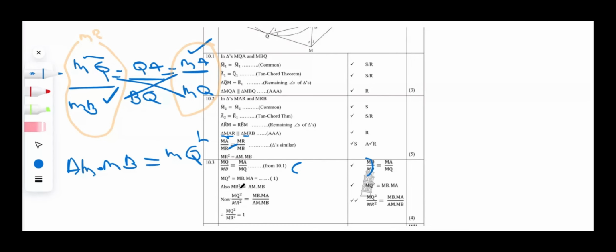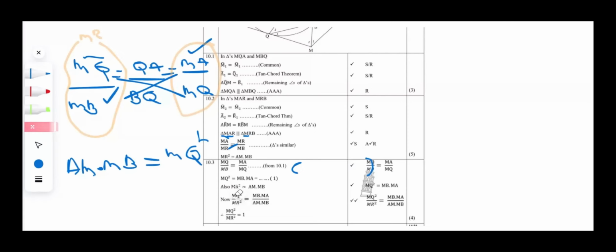However, we also have MR squared equals AM multiplied by MB. And so what we want to do is take MQ squared and divide it by MR squared. Remember that MQ squared equals MB multiplied by MA, as clearly stated over here, and MR squared also equals AM multiplied by MB.